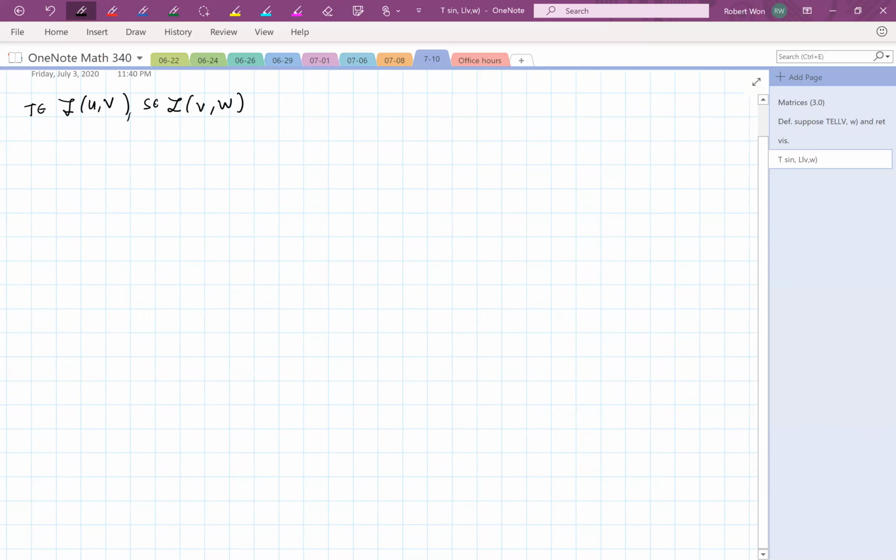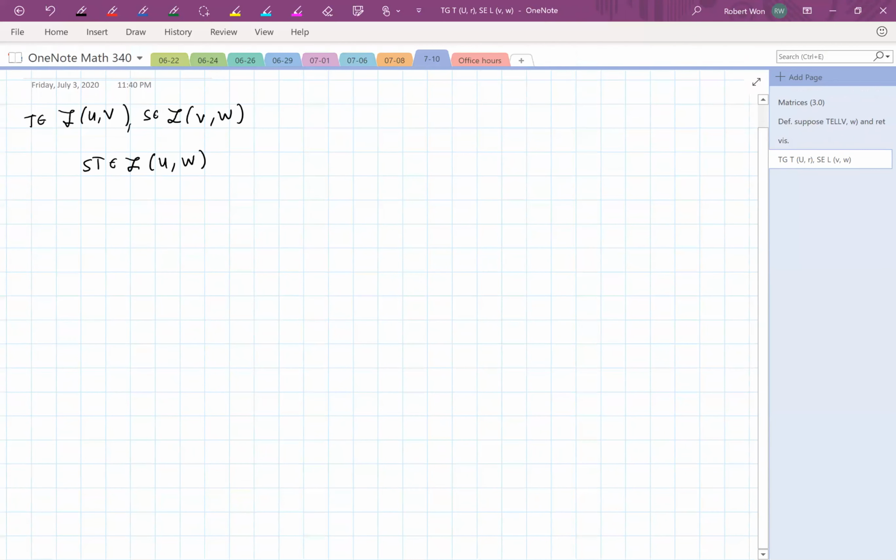These are two vectors living in two different vector spaces, but because they're functions, you can compose them. So you get st, which lives in a different vector space. Well, if you fix bases for u, v, and w, then this is the linear map side.